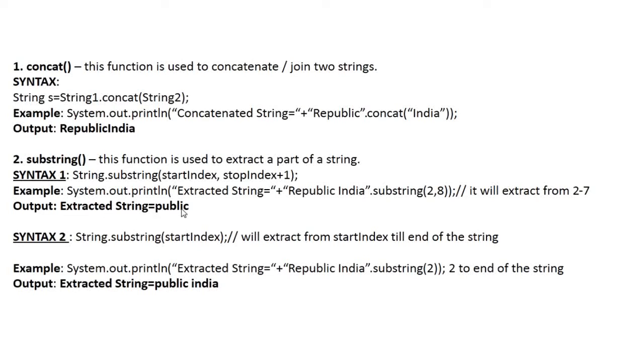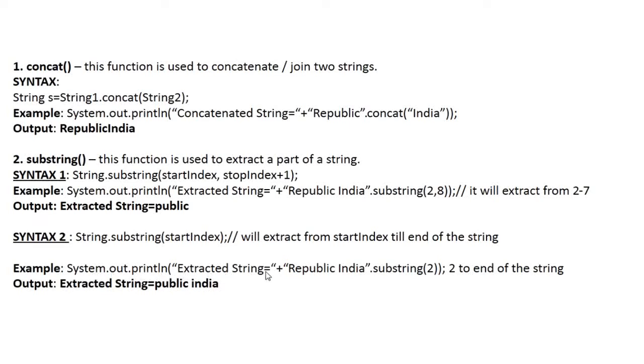The second format of this substring can be like this: string.substring, and here you have only one parameter, that is the start index. You're telling where to start, but where to stop you're not telling. In that case it will start from the start index and extract till the end. Let us see one example. System.out.println.